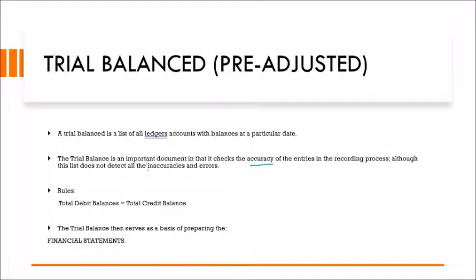So sometimes errors happen. So the rule is that total debit balance equals credit balance. The trial balance serves as a basis for preparing the financial statements, which is the accounting target. Okay, the reason we're doing accounting is to prepare a financial statement.